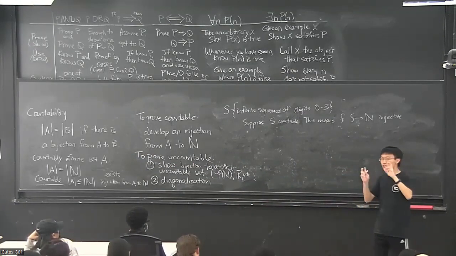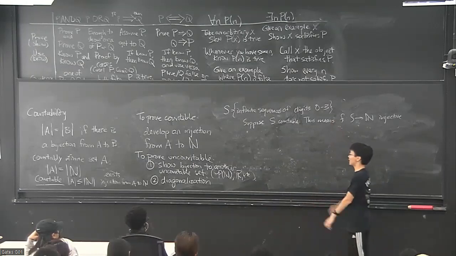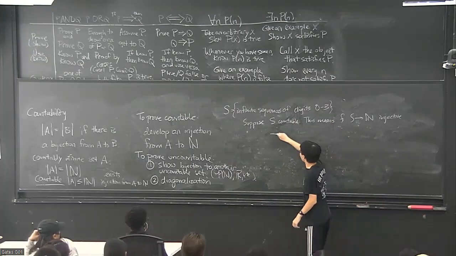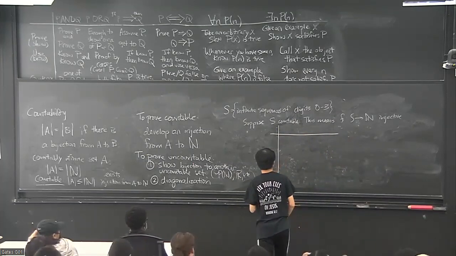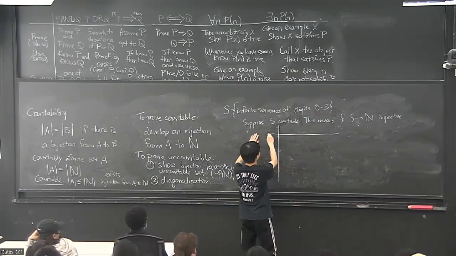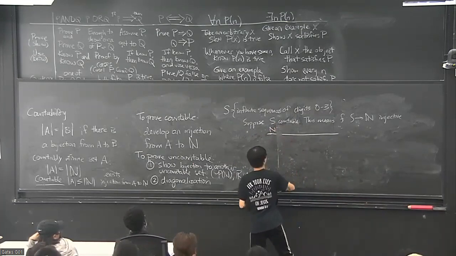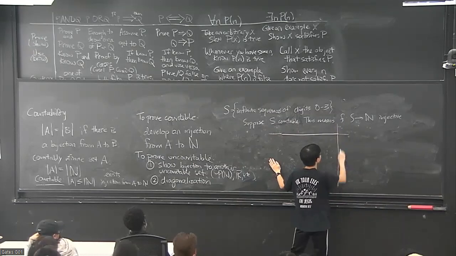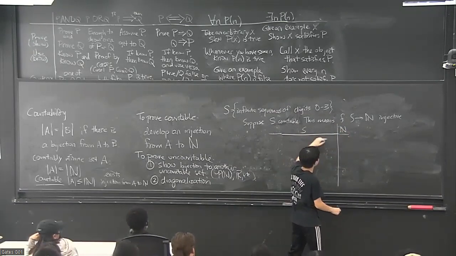That table is to demonstrate the technique you are going to use to destroy any possible F. Let's say this F is injective. Here's the S, and it goes to the naturals.